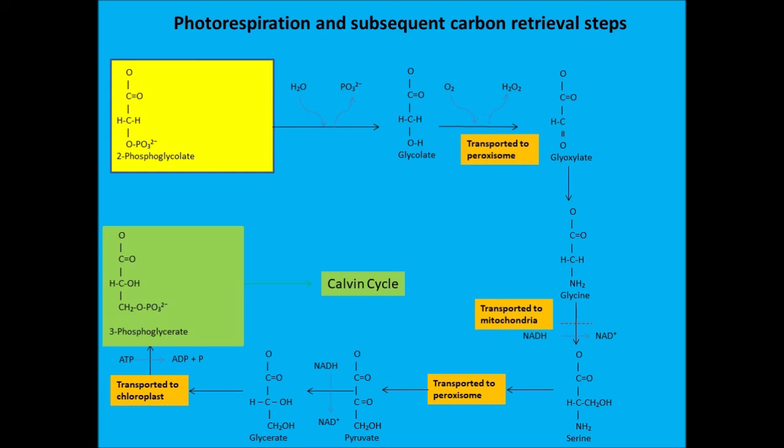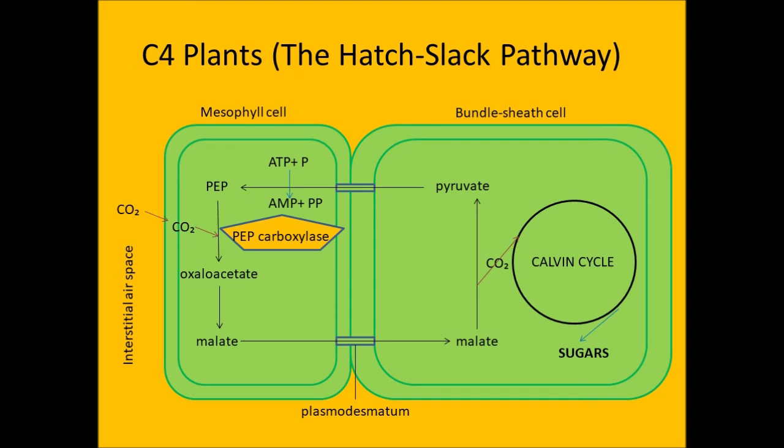The process is energy intensive and is costly to the plant as it requires additional ATP and NADH to reconstitute the 3-phosphoglycerate. Some plants have adapted to avoid this pitfall of photorespiration.